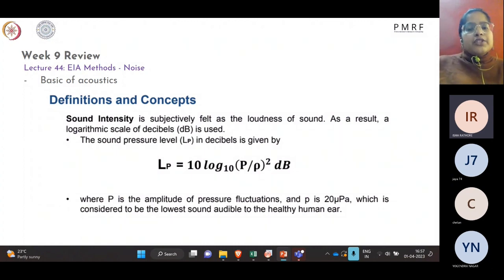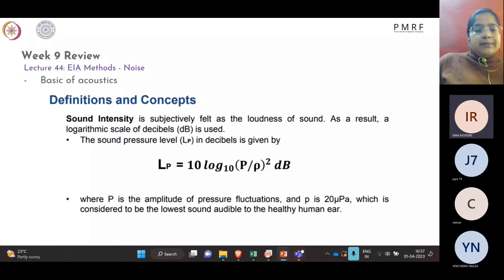Sound pressure is measured in decibels, and this is given by the following equation: 10 log base 10 of P squared by P0 squared, where P0 is taken as 20 micropascal and P is the amplitude of pressure fluctuations. So you can expect numericals around these noise parameter calculations, so you can remember these equations.